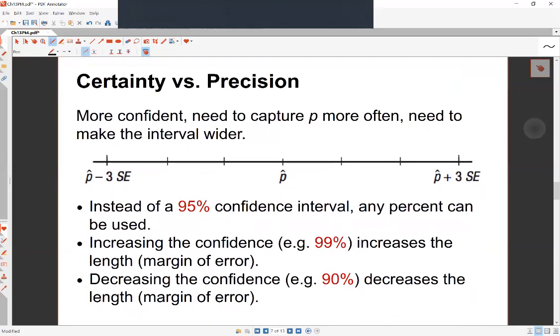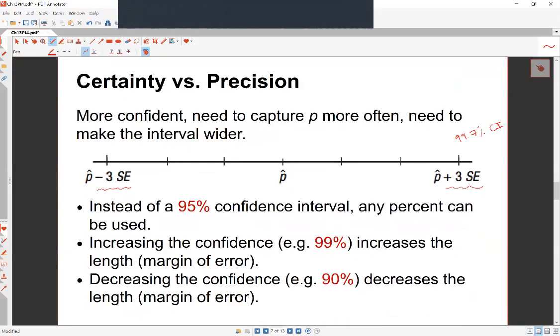Now, the margin of error is useful in that it tells us how big the confidence interval is. So the illustration here, adding 3 standard errors and subtracting 3 standard errors, corresponds to a 99.7% confidence interval.